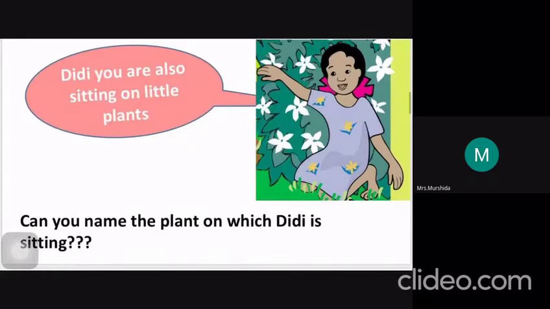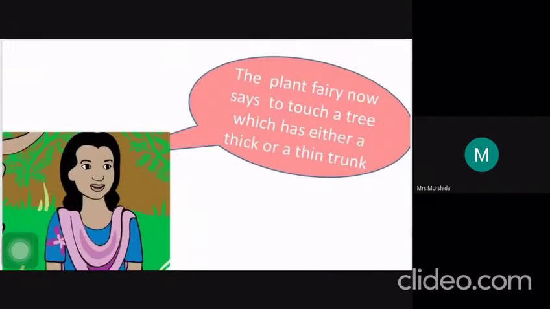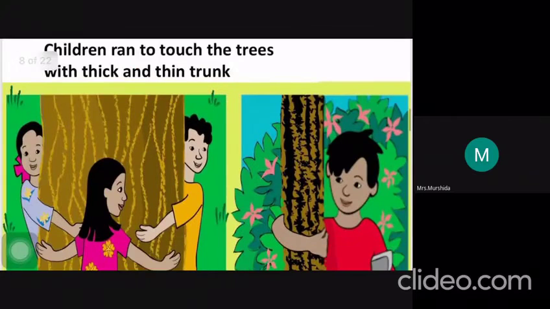Now the game continued. Didi said, "The plant fairy now says to touch a tree which has either a thick or a thin trunk." So the children ran to touch the trees with thick and thin trunks.